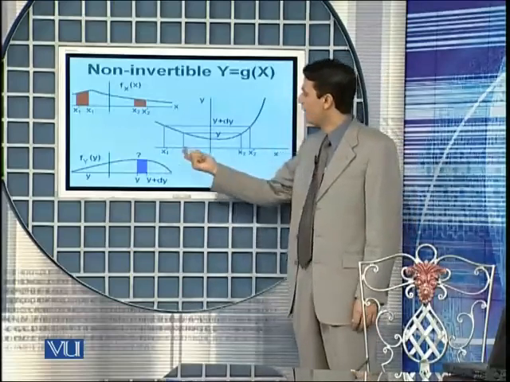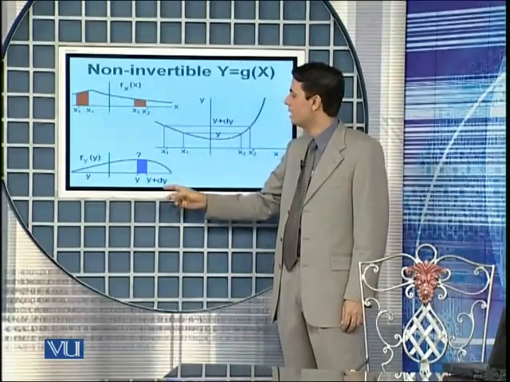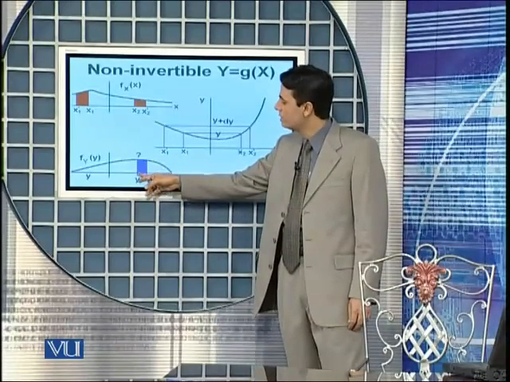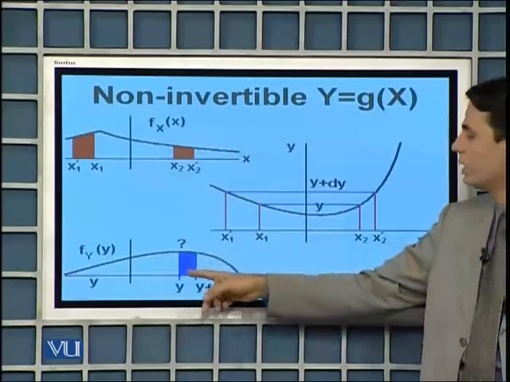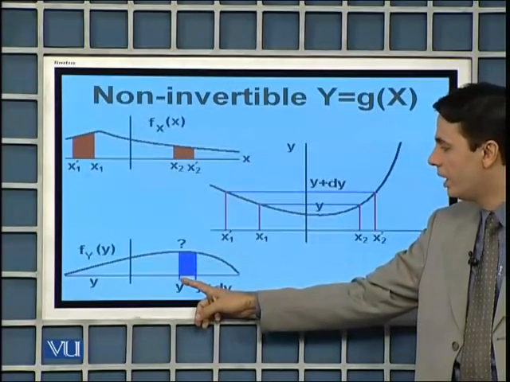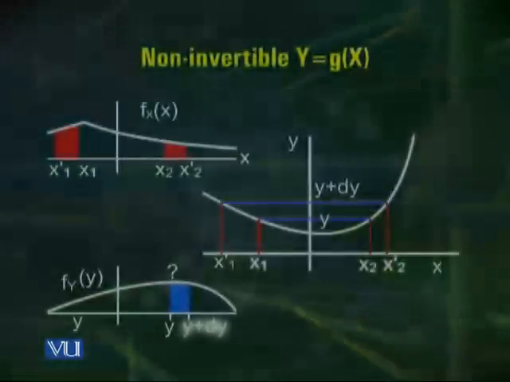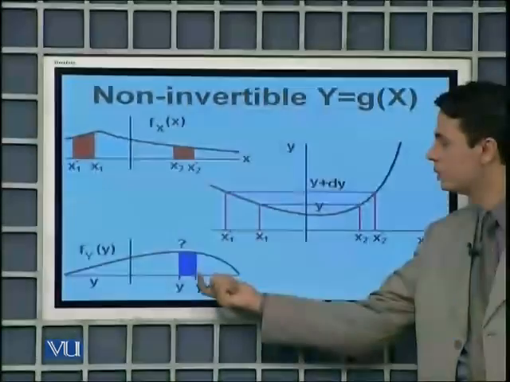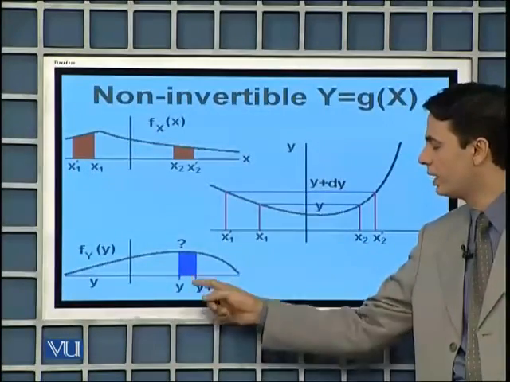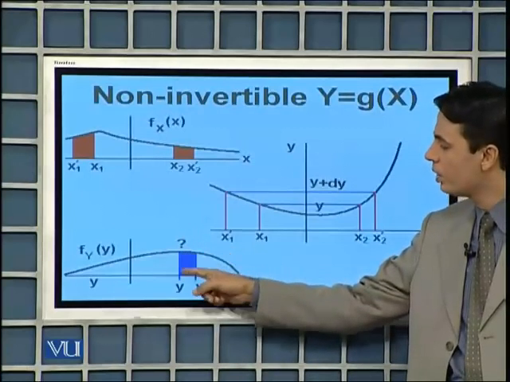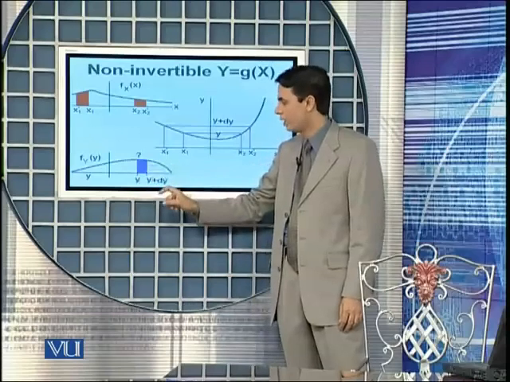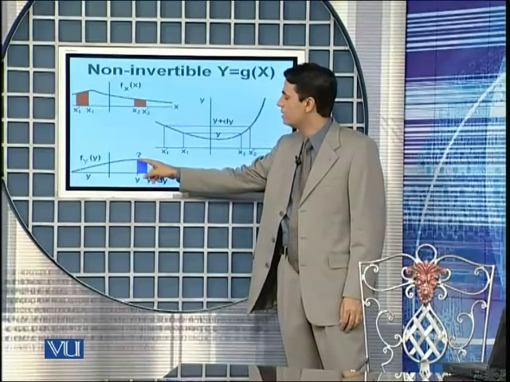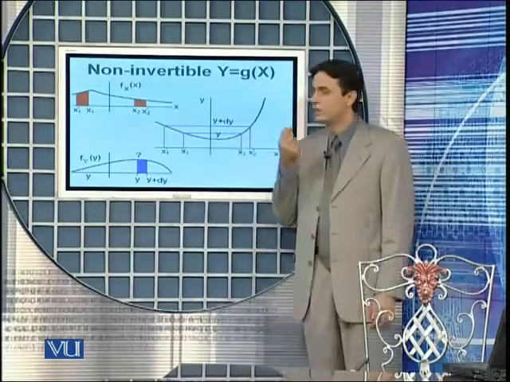And the procedure to find this unknown PDF is same, that you pick a point y somewhere on the domain where random variable y assumes its values, and close to that point you pick another point y plus dy. So probability of this blue event defined in terms of random variable y is equal to the width of this interval, which is dy, multiplied by the height of this unknown PDF at point y, assuming that this PDF remains constant over this very narrow interval with width dy.